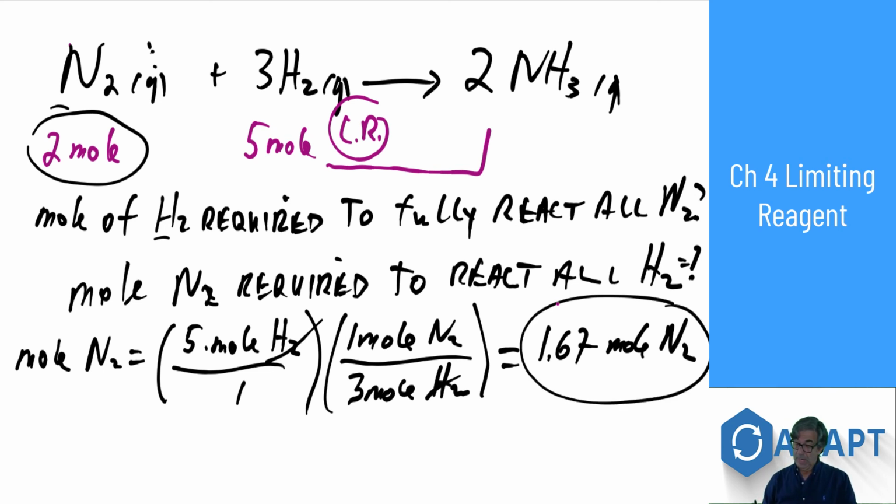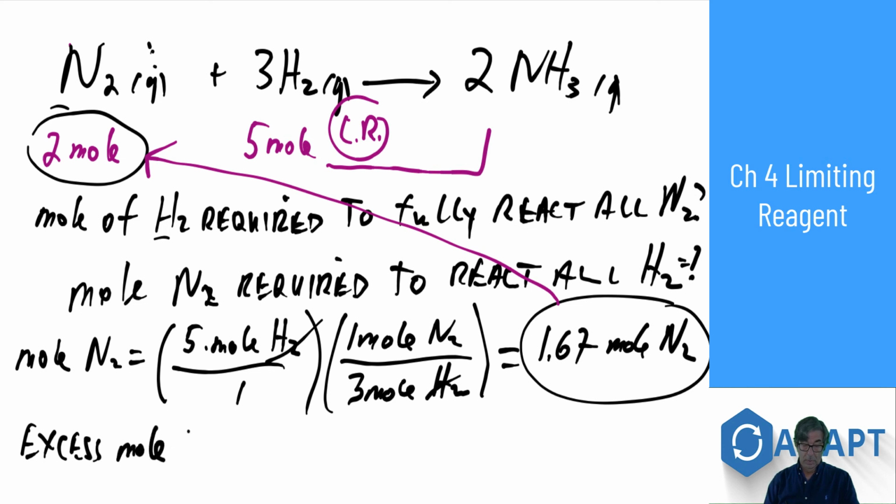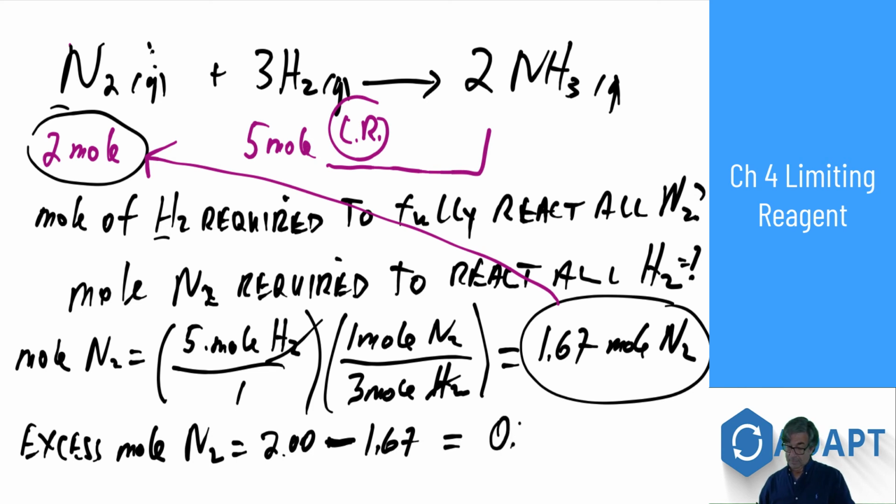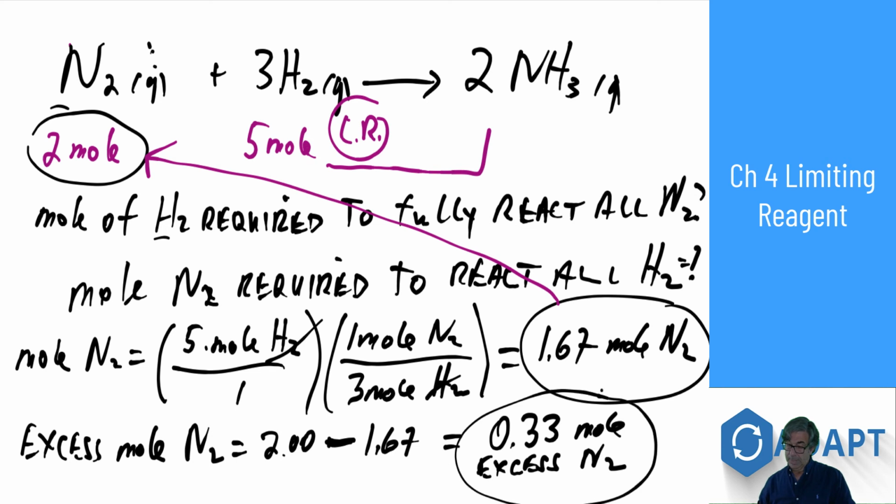How much do we have? We had 2 moles of N2, so we can identify excess moles of N2 equals 2 minus 1.67 moles, and the amount of excess that we have is 0.33 moles of excess N2. And that would be a limiting reagent calculation and analysis.